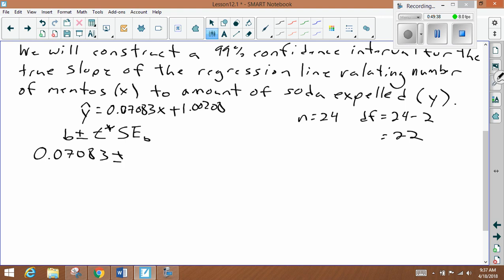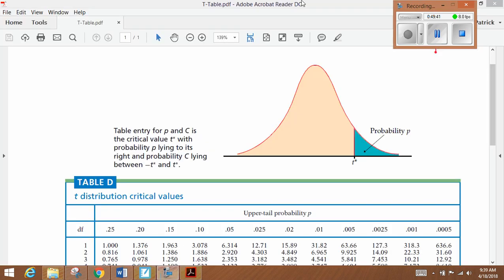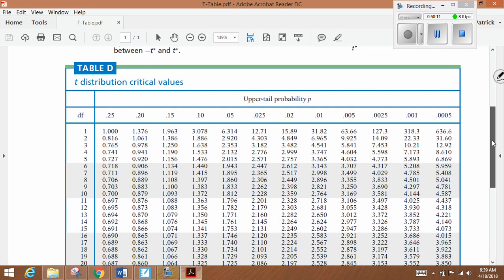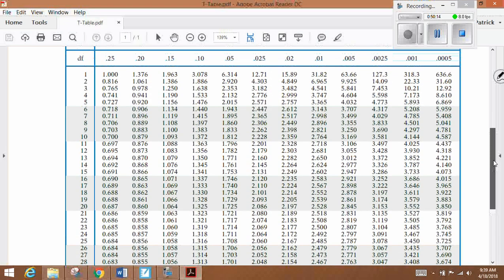We need to find our t star value. There we go. We got table D. We have our t distribution table. All right, so we're looking for 99% confidence. So I said 22 degrees of freedom.